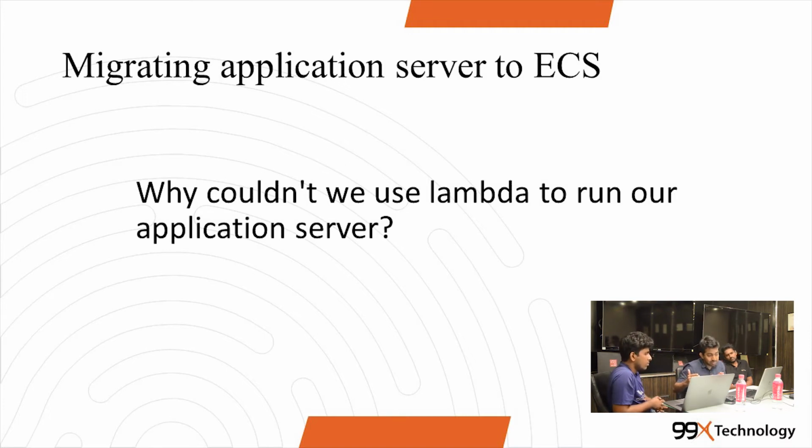So for a good half of our program, we can use Lambda. For example, if I want to get something processed, I can simply write an API gateway endpoint, call that Lambda, get that thing processed and get the results. But if I want to have some long running process, we simply can't use Lambda.